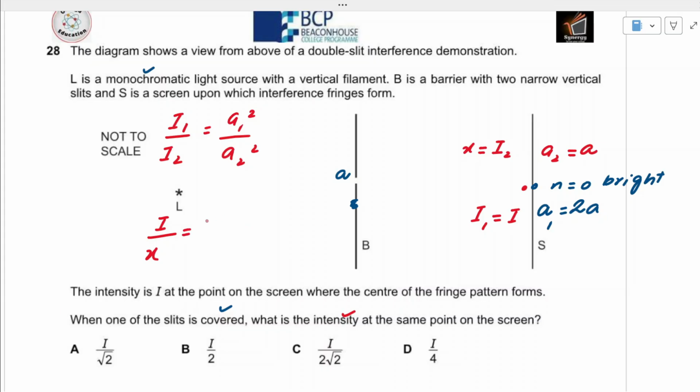A1, what is the initial amplitude? 2A, and the square of that would be 4A square. What is now the new amplitude? Once you have covered a slit, it's only A, so it would be A square. A square would be cancelled out. You need to find the value of X. You can cross multiply: 4X equals I, and hence X equals I by 4.